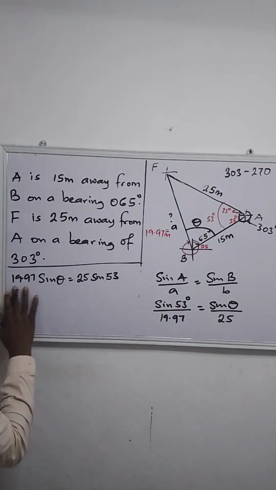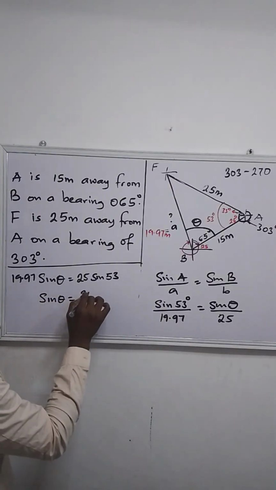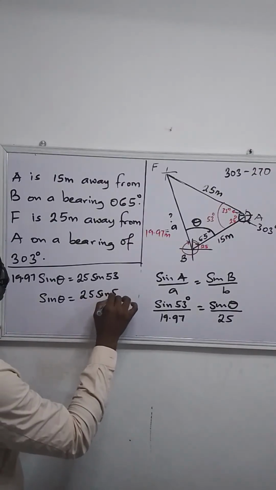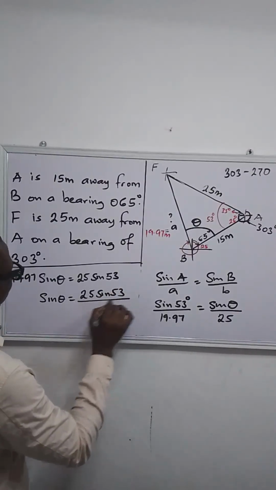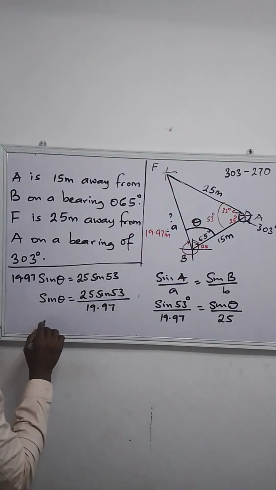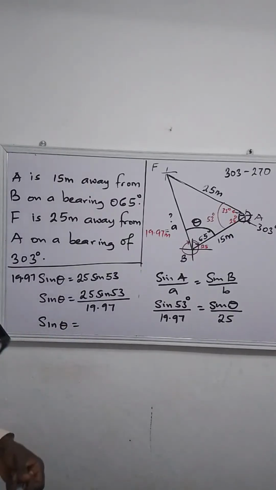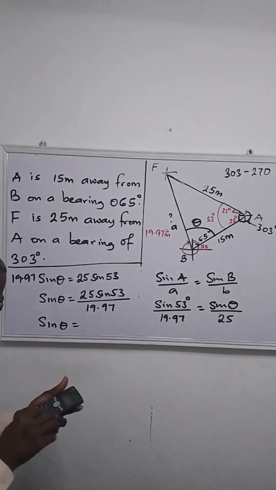So here you divide both sides by 19.97. So you have sine theta equals 25 sine 53 over 19.97.